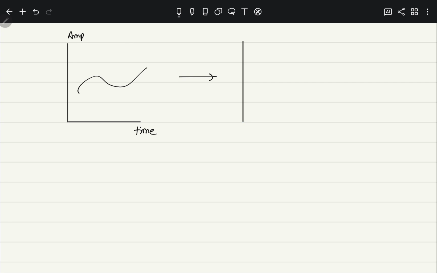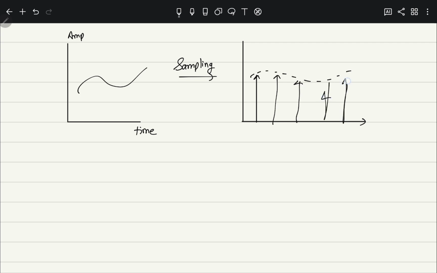How does this process occur? In pulse coded modulation, we first need to do sampling to convert the analog signal into a discrete signal. So basically this is the discrete signal, where we break the analog signal into small parts.